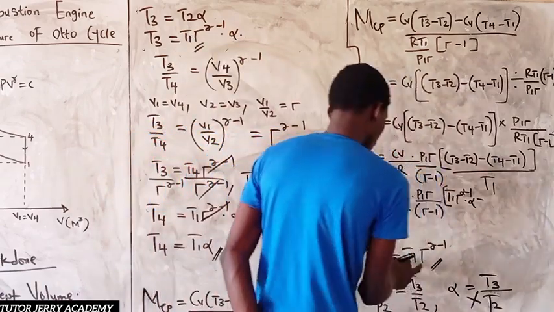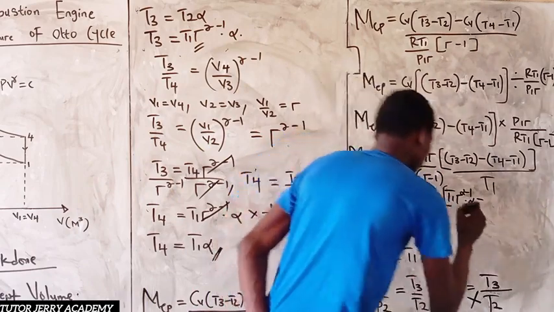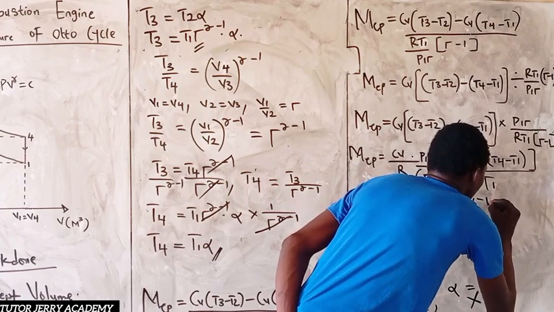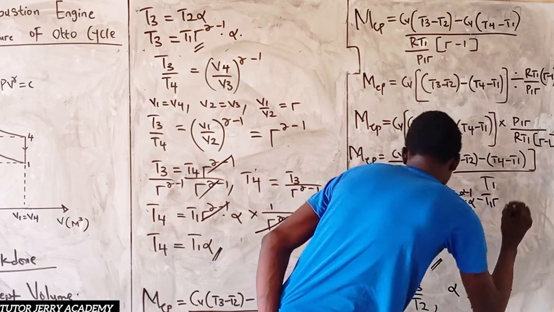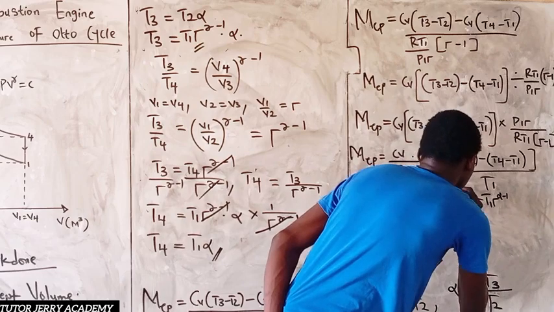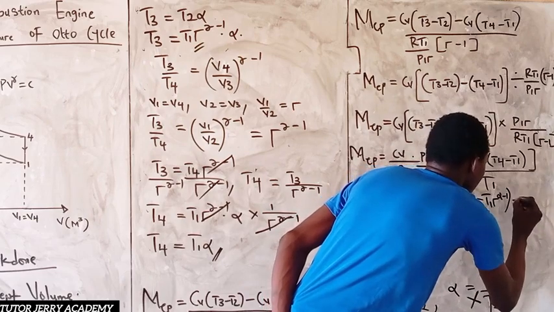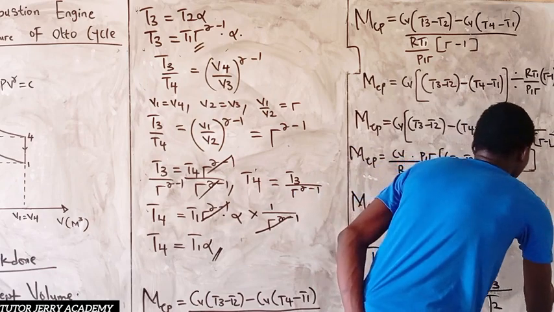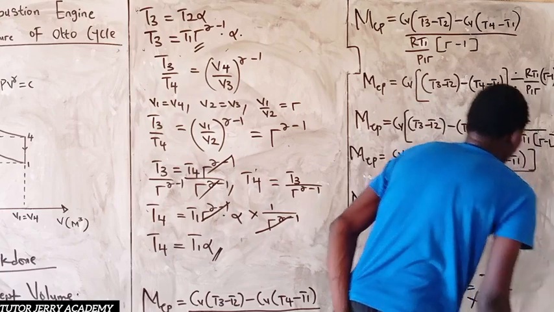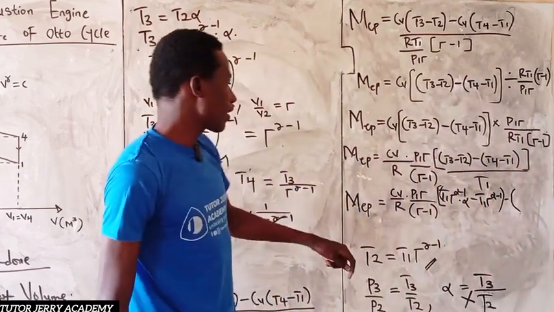So my T2 will be equal to T1 compression ratio to the power of gamma minus 1. This is what I have first. This is minus the bracket of what? Next, what do I have?